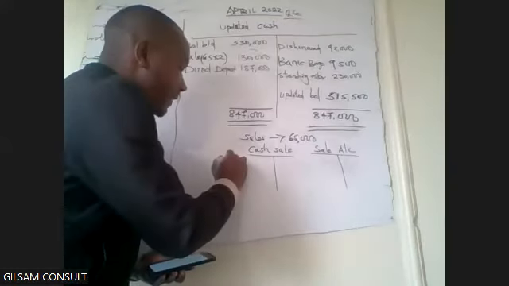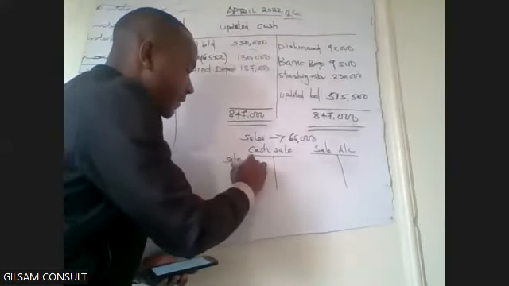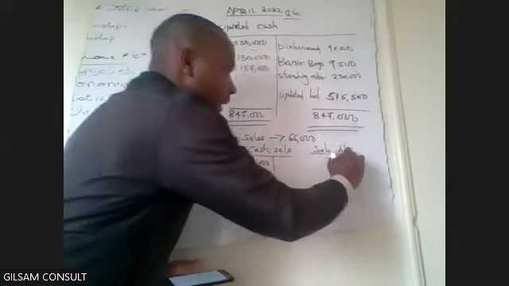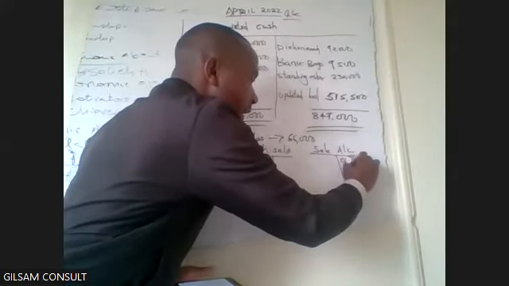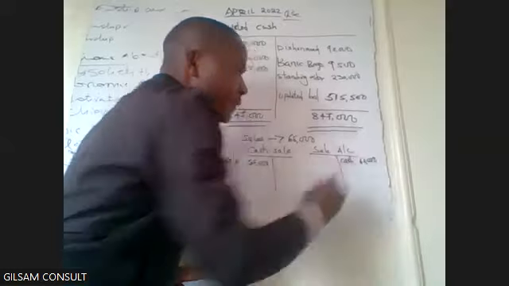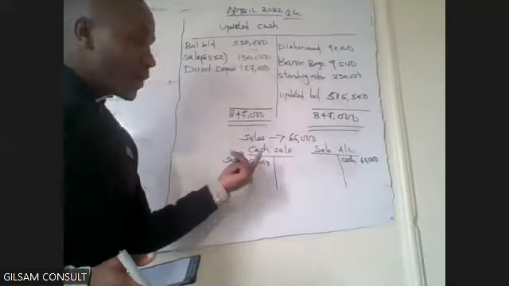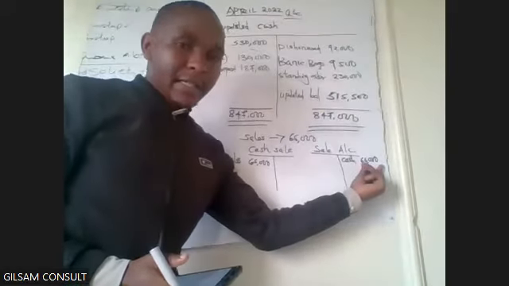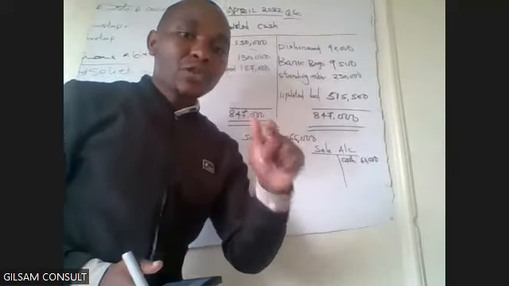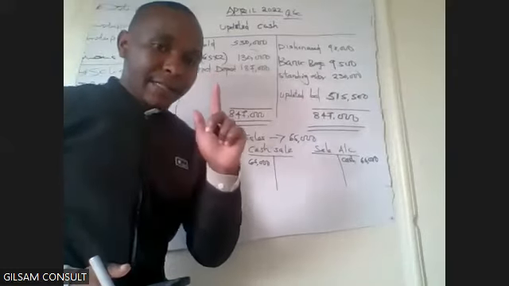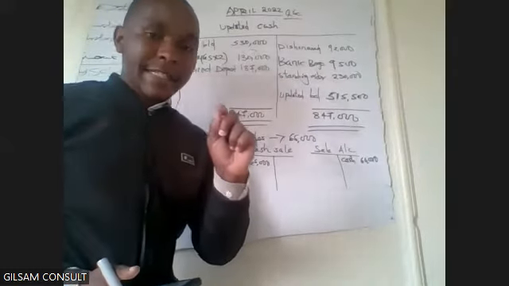You debit the cash account 65,000 and you credit the sales account 65,000. That's how you should record that transaction at first.